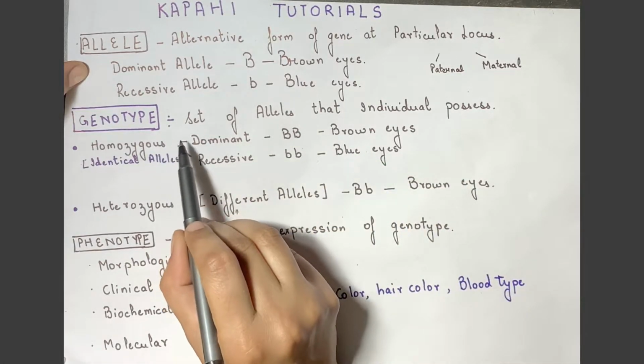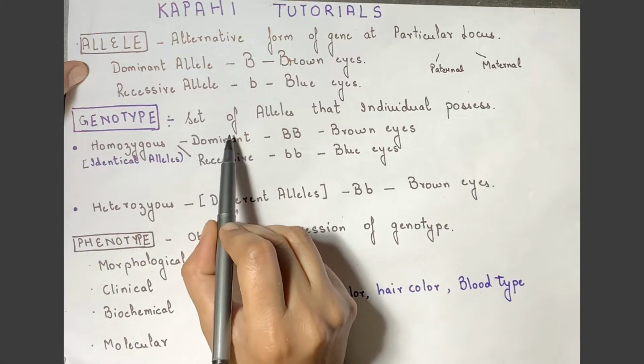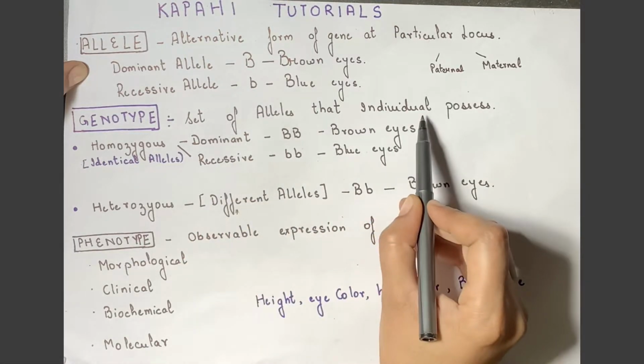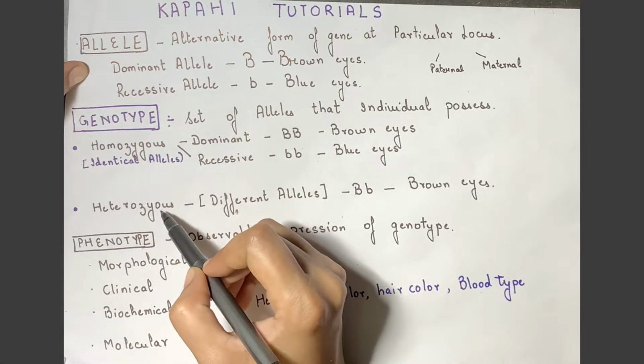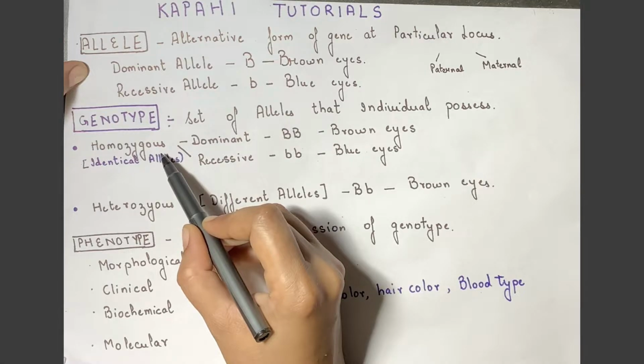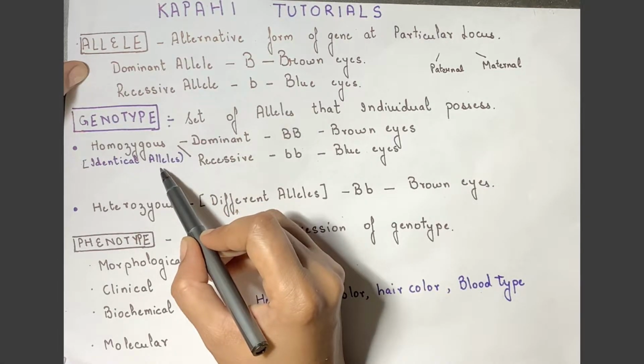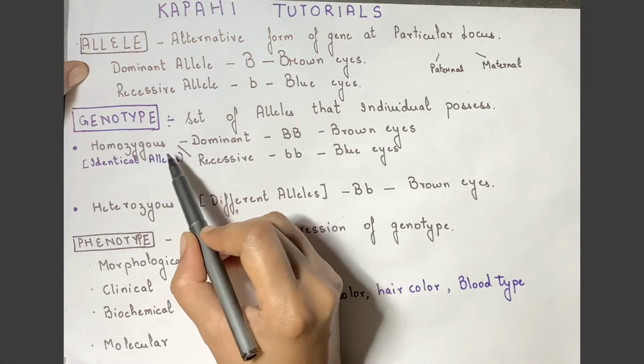Genotype. Genotype is the set of alleles that the individual possesses. It is of two types, homozygous and heterozygous. Homozygous means having identical alleles at a particular locus. It is further of two types.